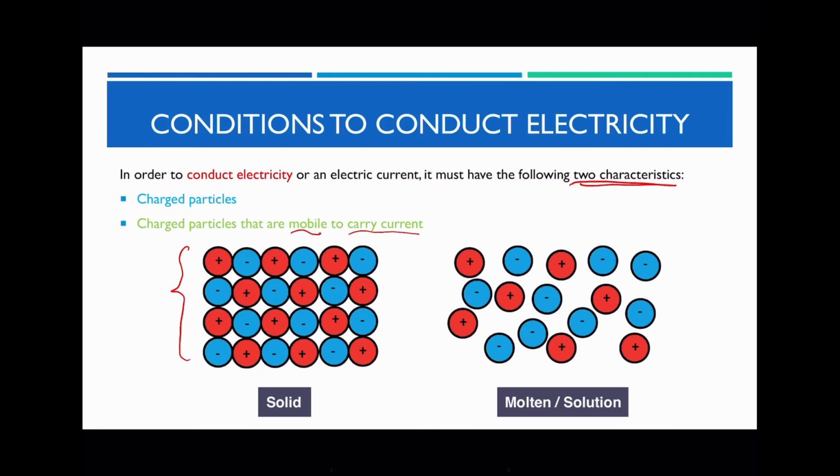However, when it's in the molten state, we can see that the particles are free moving. Now you've got a scenario where these charged particles are able to move and therefore carry an electric current, which is why when ionic compounds are in the liquid state, or when dissolved, they can carry an electric current, whereas in the solid state, they are unable to, since these ions cannot move at all.